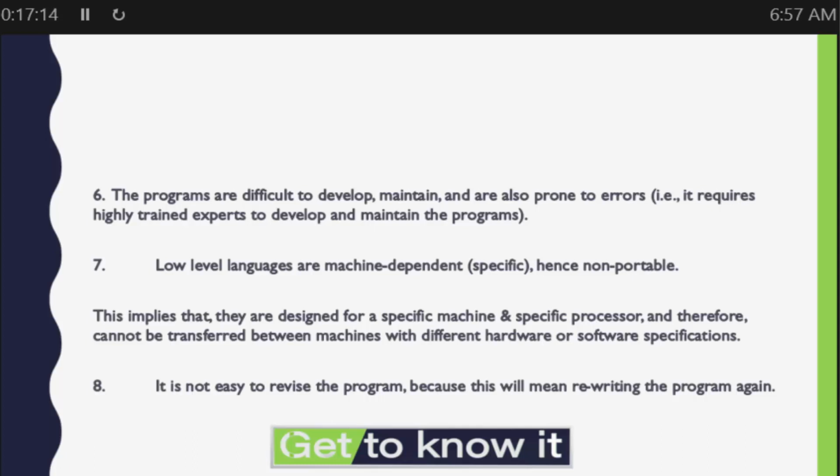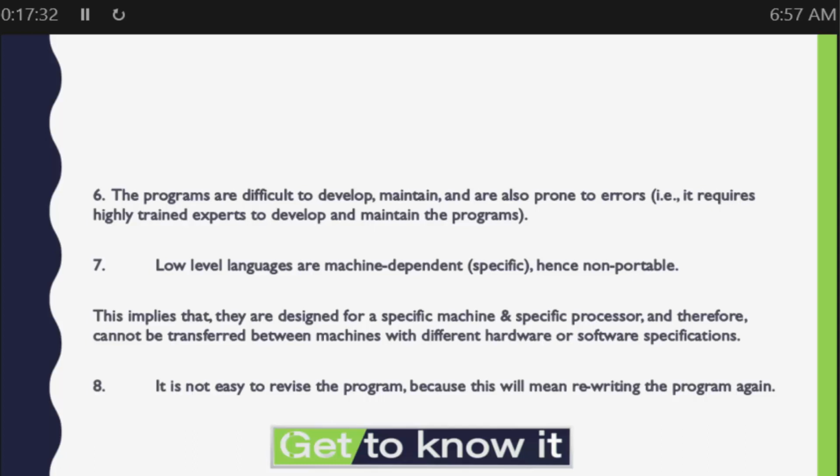So another disadvantage, as we said when we were discussing the features of low-level languages, is that they are not portable. That is, a certain program written for a certain machine may not be used in a different machine.